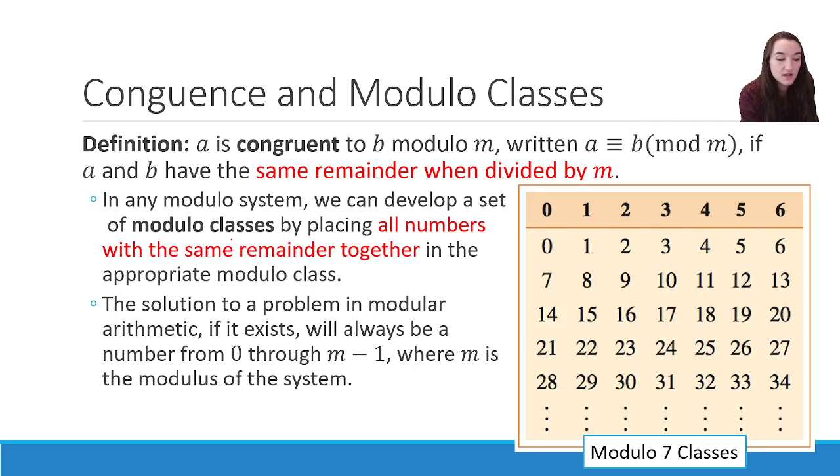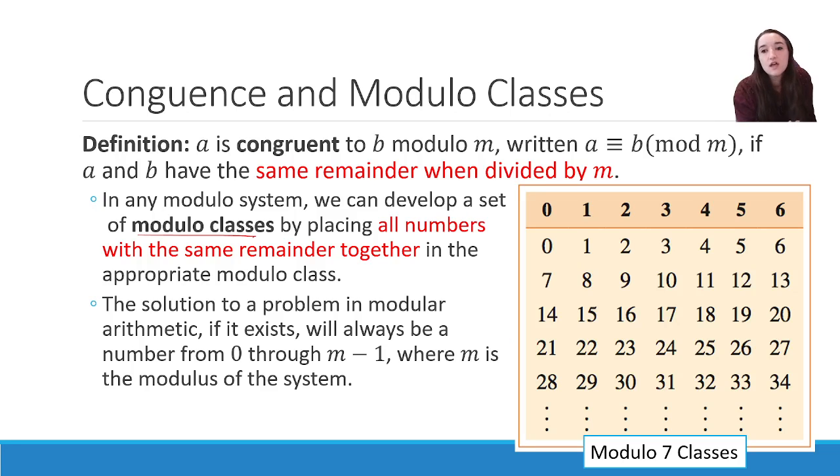In any modulo system, we can develop a set of modulo classes by placing all numbers with the same remainder together in the appropriate modulo class. So the solution to a problem in modular arithmetic, if it exists, will always be a number from 0 through m minus 1, where m is the modulus of the system.